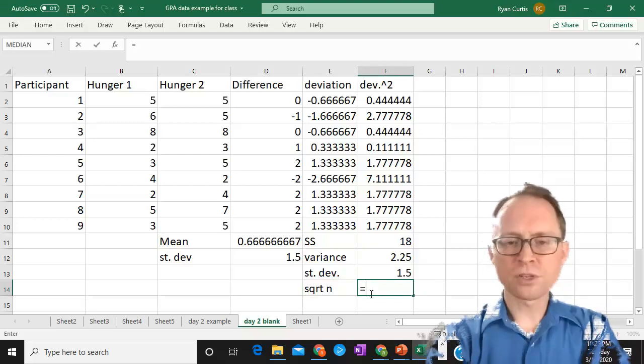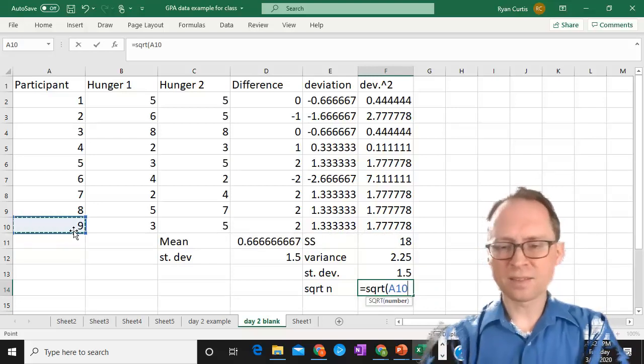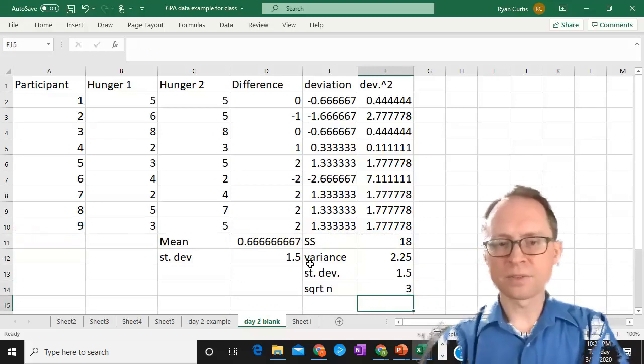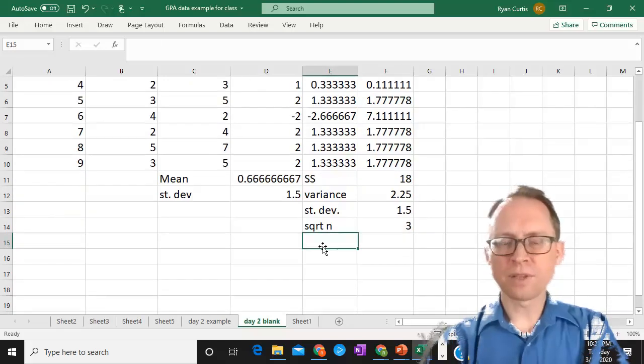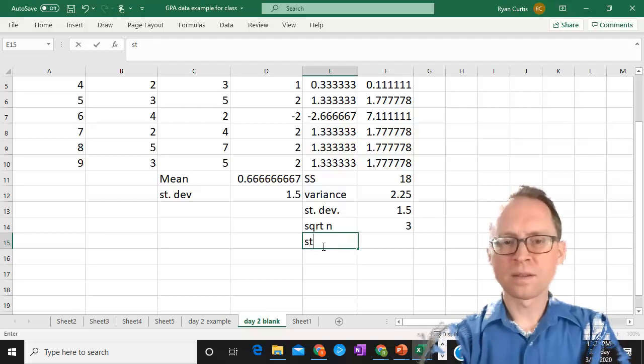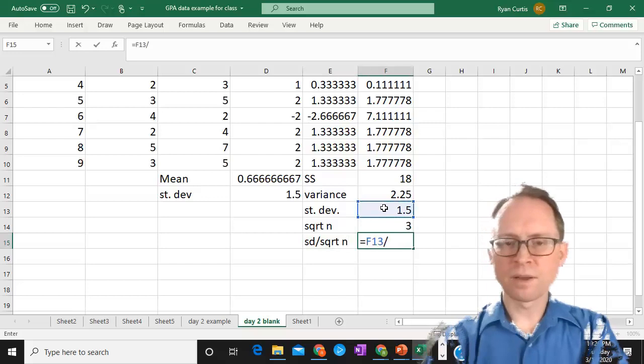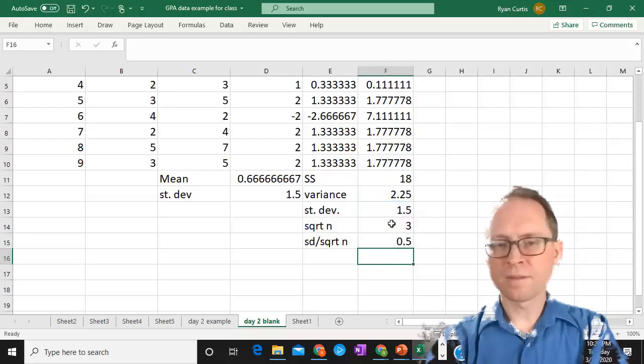So just to show you, we want the square root of n. N is 9. That gives us 3. So the standard deviation divided by square root of n is this divided by that right there.